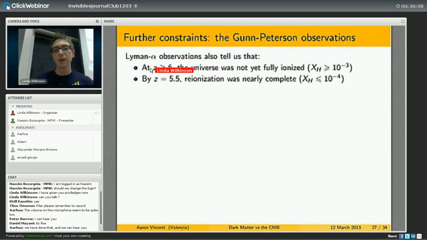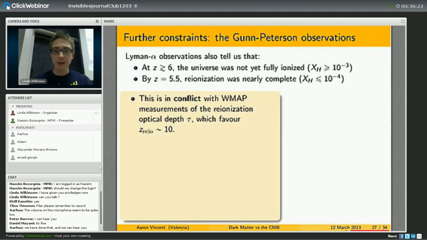At z greater than 6, these observations tell us that the universe is not yet fully ionized, and by a redshift of 5.5, this ionization is nearly complete. What's somewhat irritating is that this is in conflict with WMAP measurements of the reionization optical depth, which actually favor a much earlier reionization at a redshift of 10.